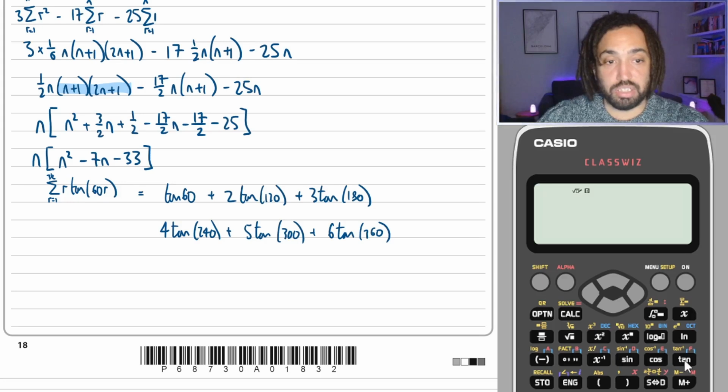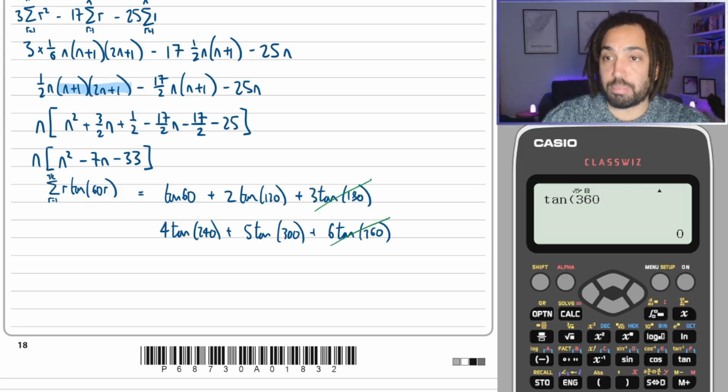Okay, so that's useful. Let's quickly look. So we know that tan of 180 is equal to 0. And also tan repeats every 360, so tan of 360 is also equal to 0. So these ones are going to be cancelled out.